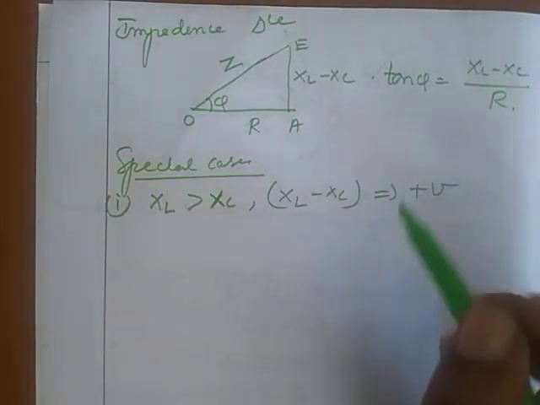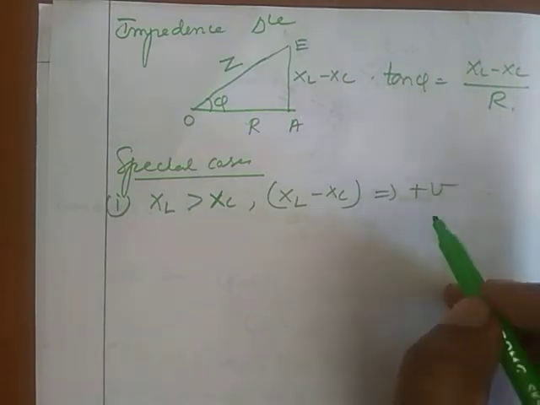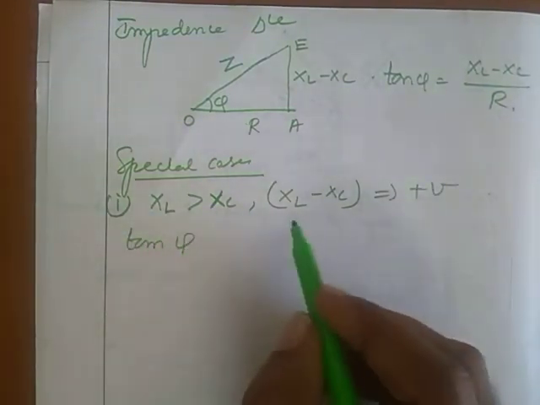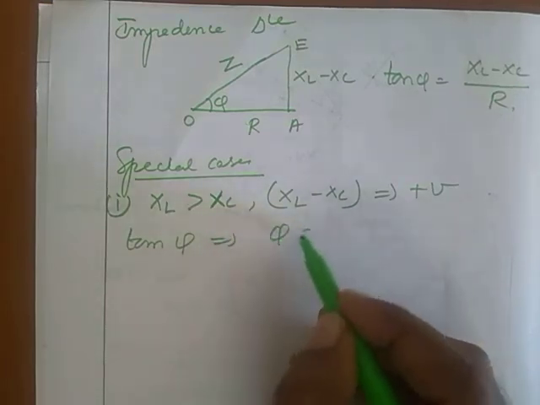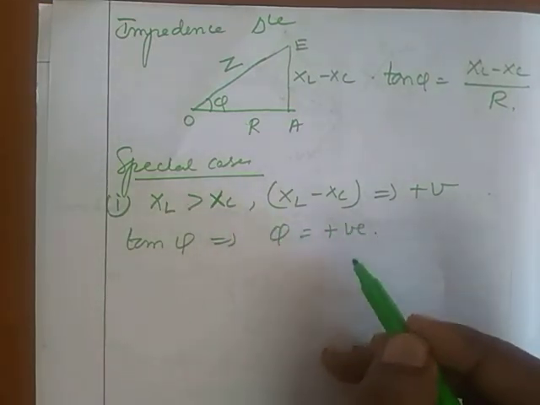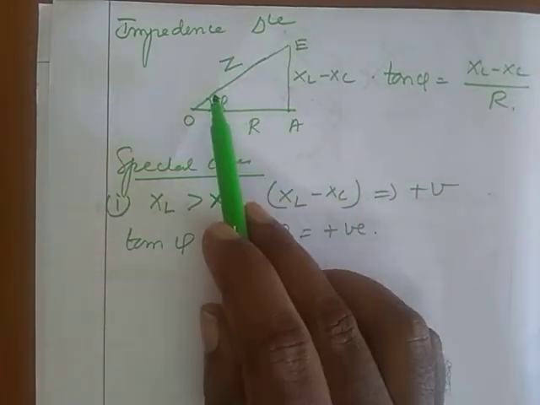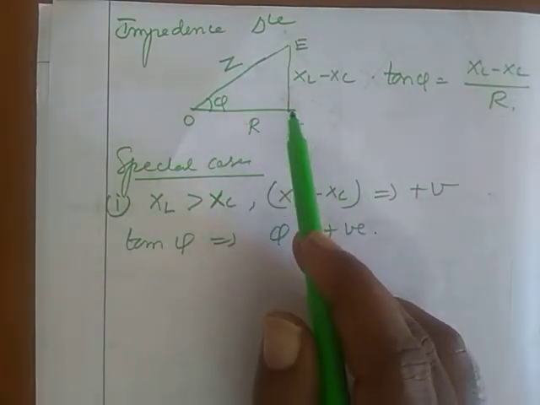We know for this positive value tan phi is also positive, so phi is also positive. This means the applied voltage leads the current by phase angle phi.